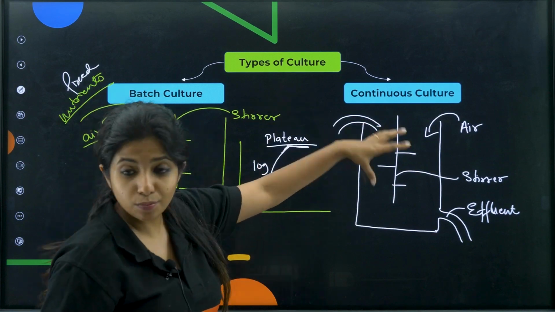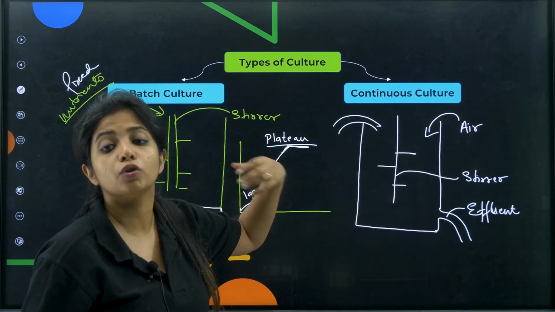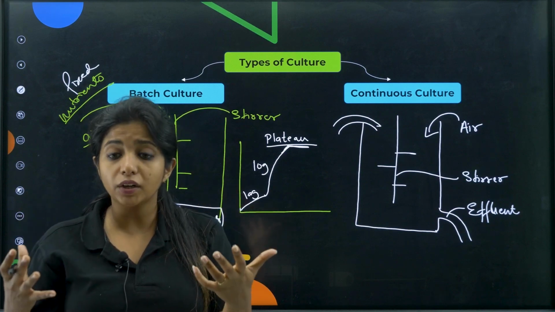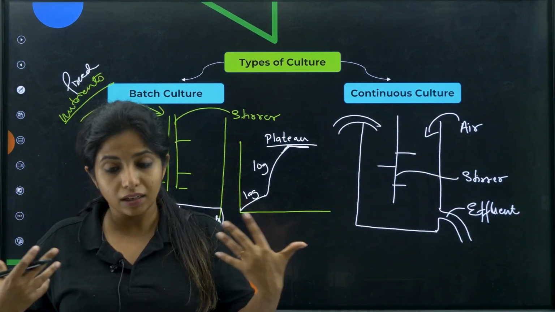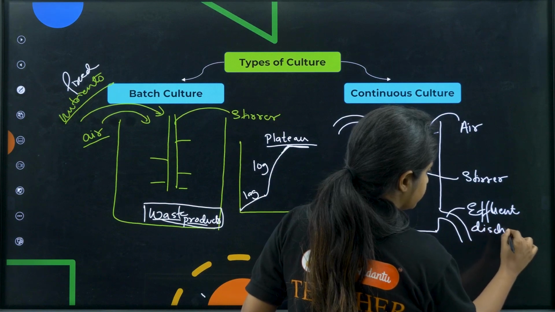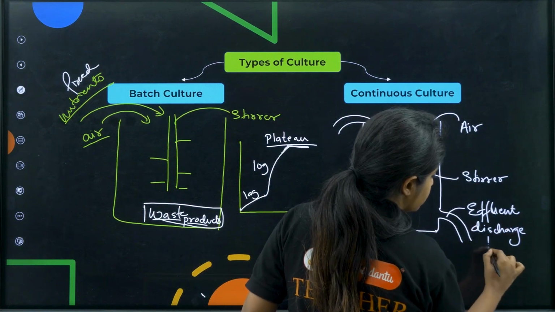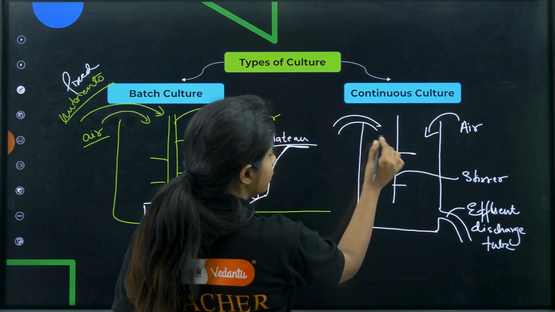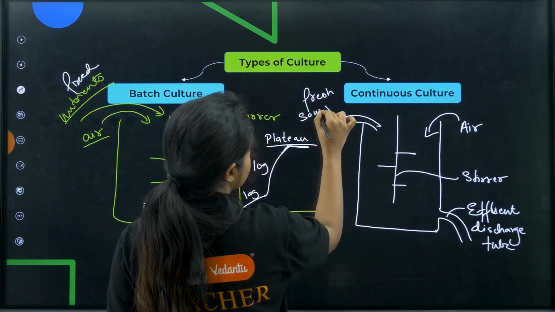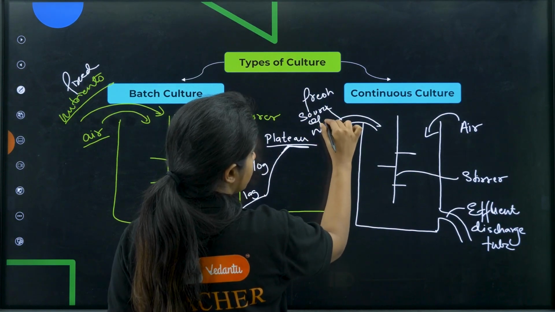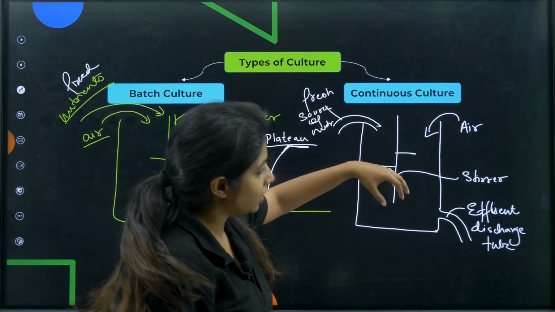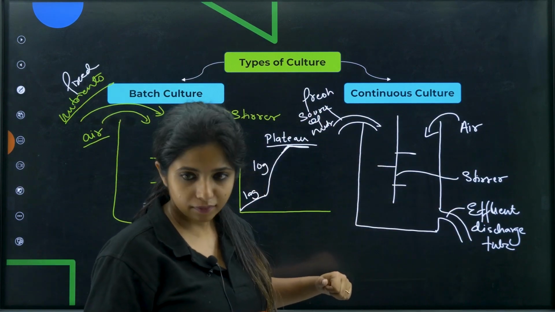The extra things being made over here, you call it effluent. In the effluent comes your product, the protein that you want, and also the waste materials being produced. So there should be an effluent discharge tube, and here you have a fresh source of nutrients. It is coming again and again, and things are moving out also.